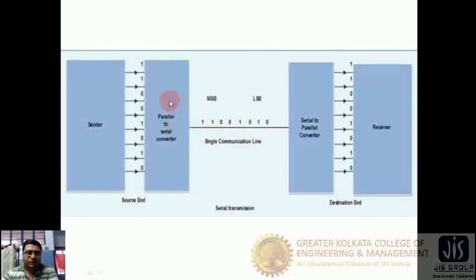That means with the help of this parallel to serial converter we can convert this parallel data to the serial transmission system, and in the receiver end we do the reverse process. That means serial to parallel conversion takes place, and we can receive this parallel data and send this signal to the receiver.